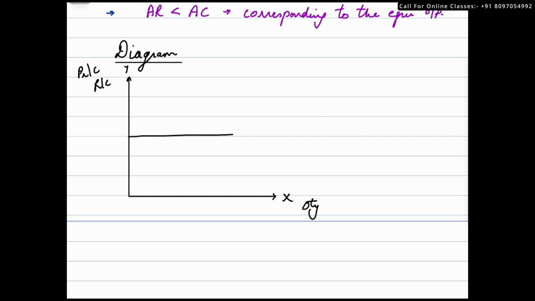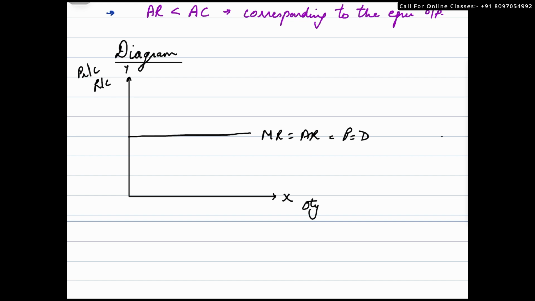I'm using the same black shade over here to represent MR is equal to AR is equal to price, and we could also call it demand. Since I may not have a lot of space here, I would just write P is equal to D. Okay, so this is the equality that you would see under a perfectly competitive market.